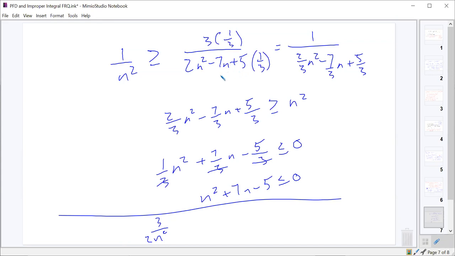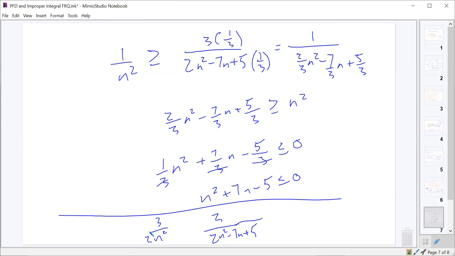And if our denominator is getting smaller, then that makes our fraction getting larger. So actually that wouldn't have worked very well either. 3 over 2n squared compared to 3 over 2n squared minus 7n plus 5, because as n gets larger, this would actually be getting larger than this would be as well.